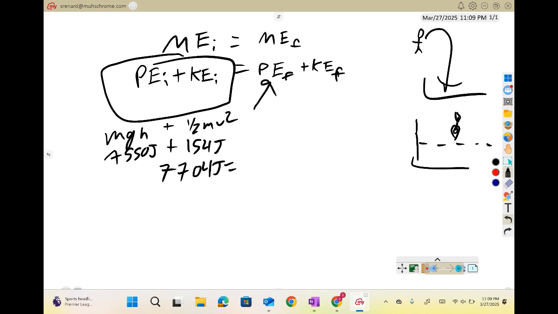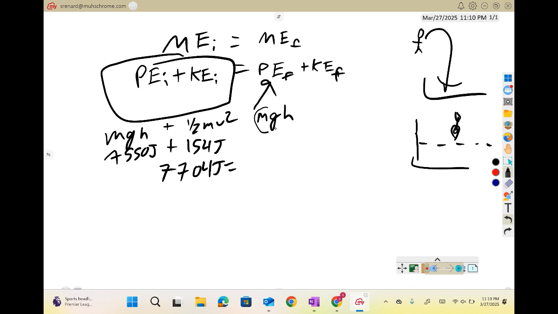What we did to find the velocity was set that equal to his kinetic energy, knowing that when the diver hits the water, all of the potential energy has been used up and all that's left is kinetic energy. Here, though, we're 2 meters above, so we're going to go mgh.